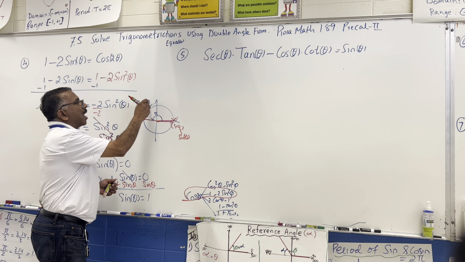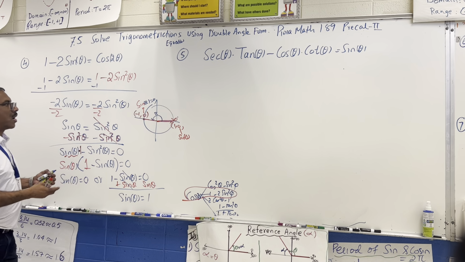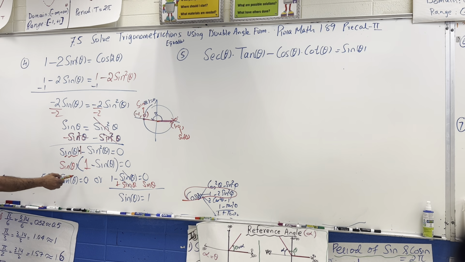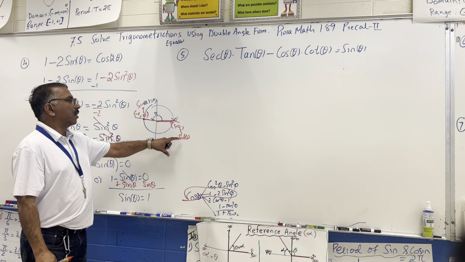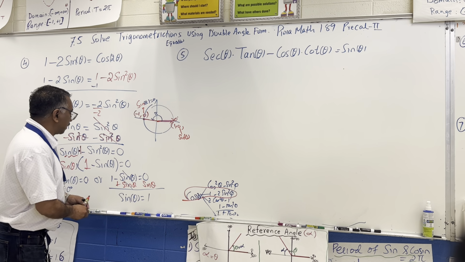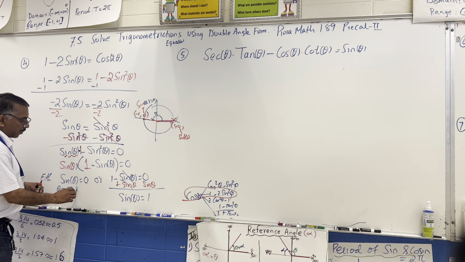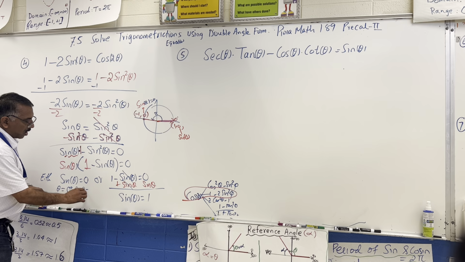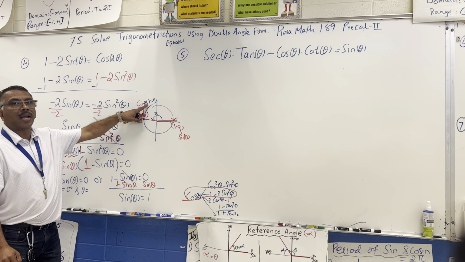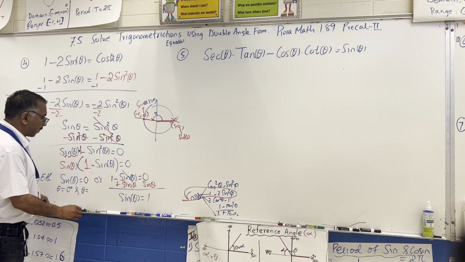So sine of pi also is 0. So you have two answers for this. Either theta takes the value 0 degrees, that's here, whenever it's 0 degrees sine 0 is 0, and the other one is pi here, clearly see? So that's pi.